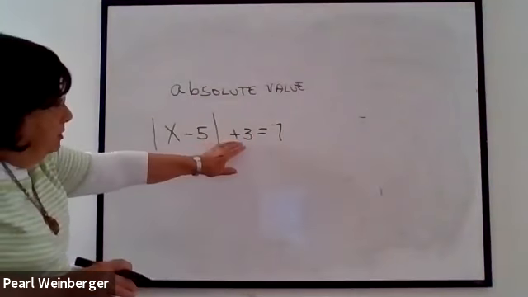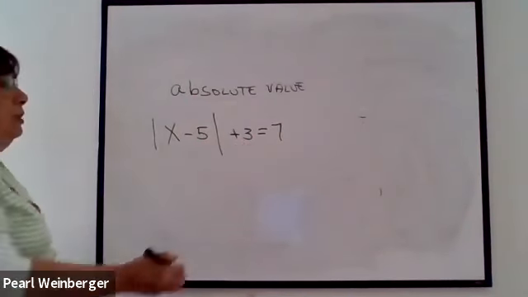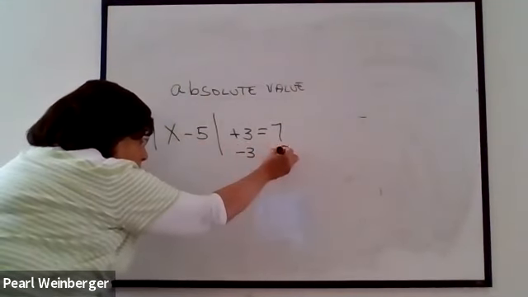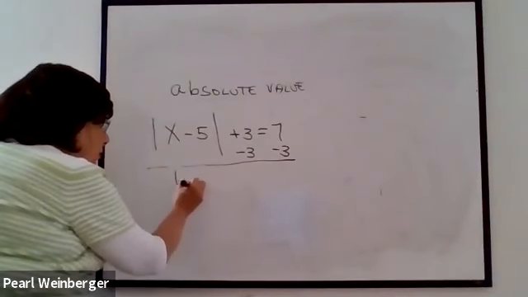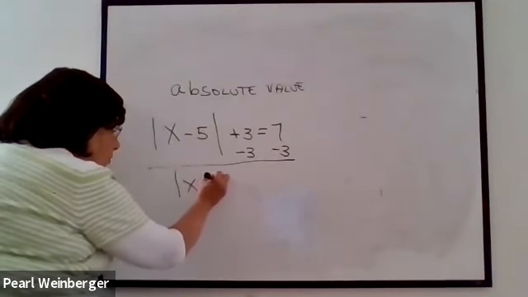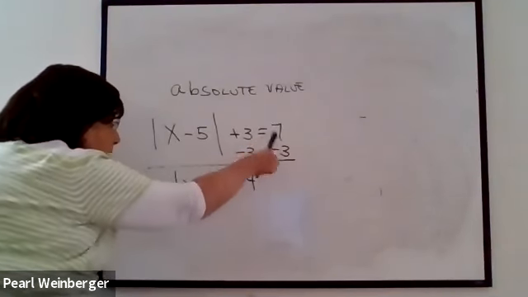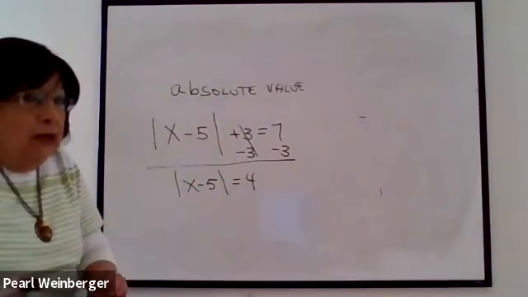Now, the only thing that's outside this absolute value on this side is that 3. So the first thing I want to do is get the 3 to the other side. That'll give me that the absolute value of x minus 5 is equal to 4, because 7 minus 3 is 4. Okay, now I take a pause.